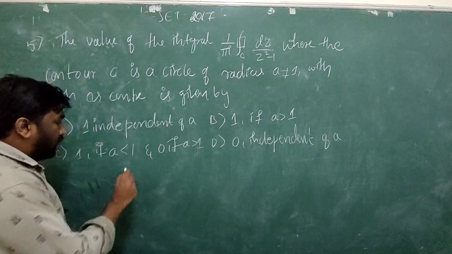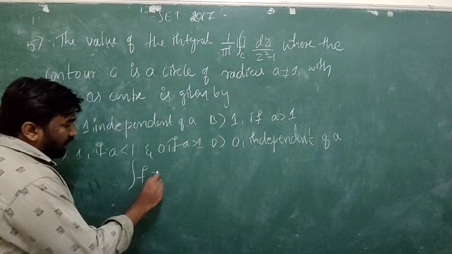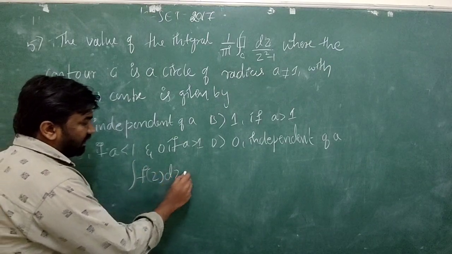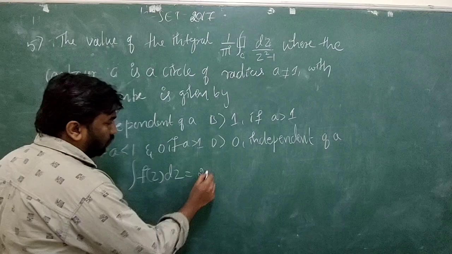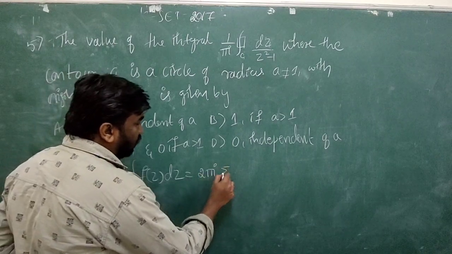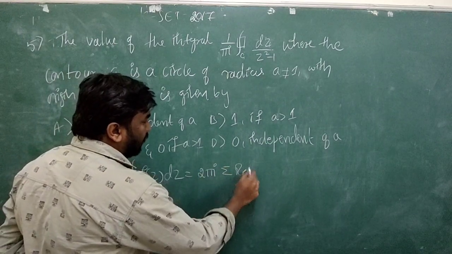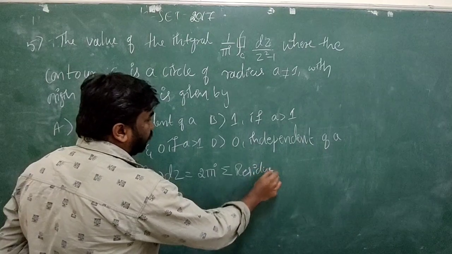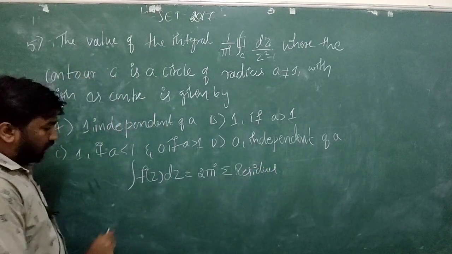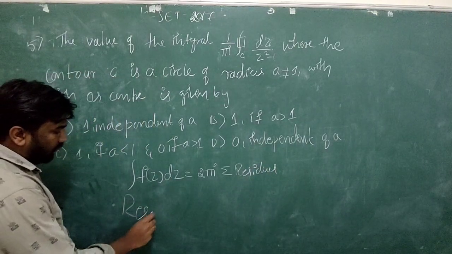We know that the integration of f of z dz is equal to 2 pi i into the sum of residues. And what is this residue?